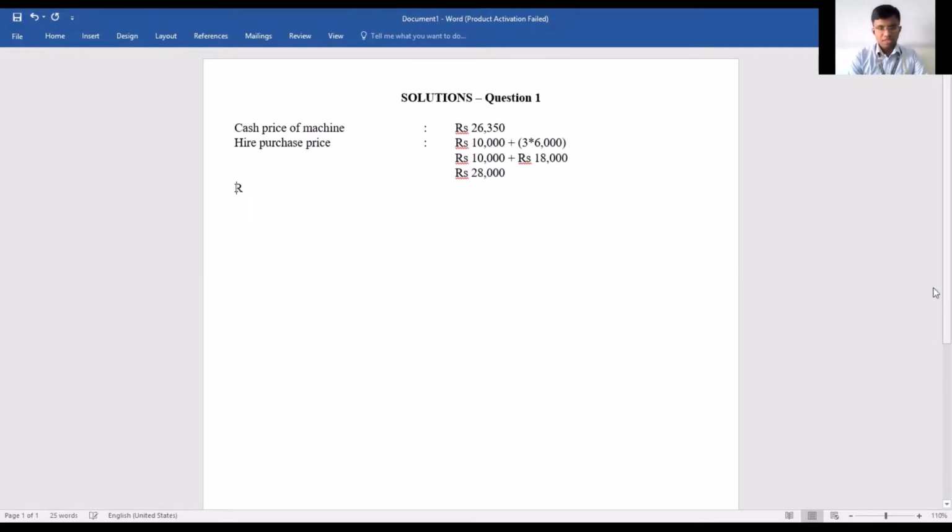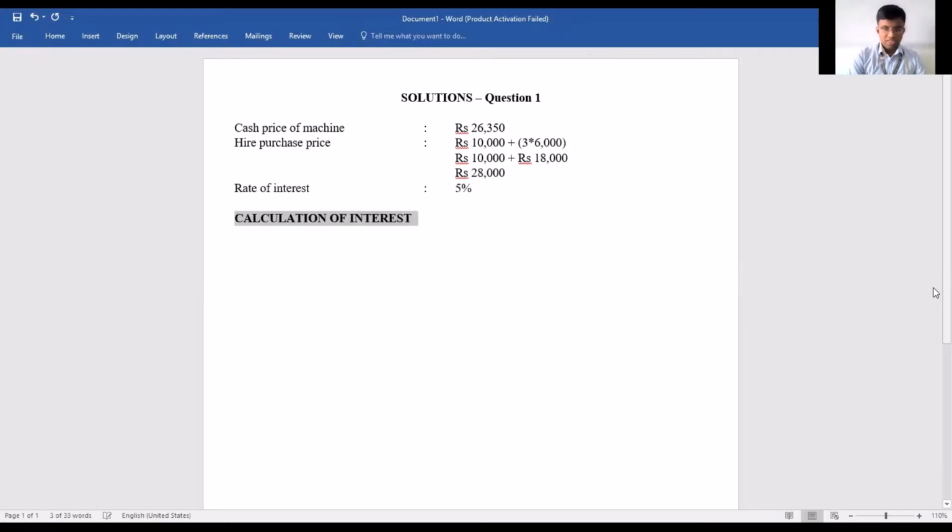Then what has also been given to us is the rate of interest, which is 5%. So let's go about with the calculation of interest.